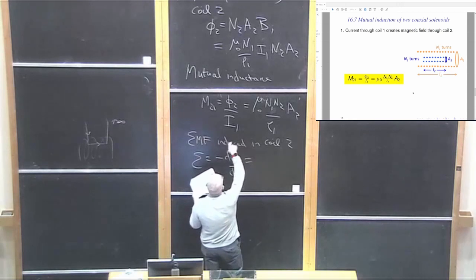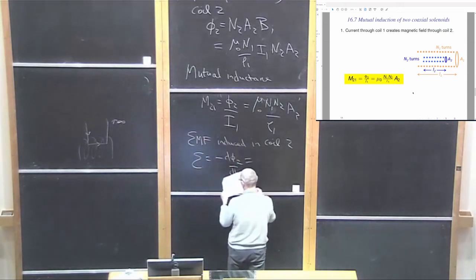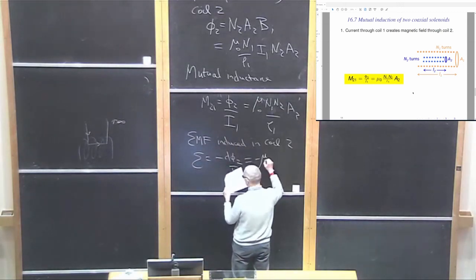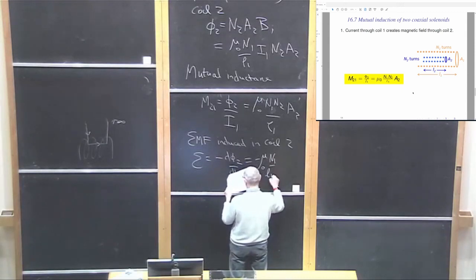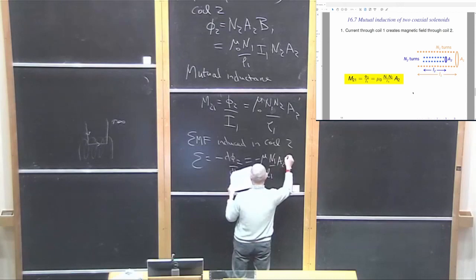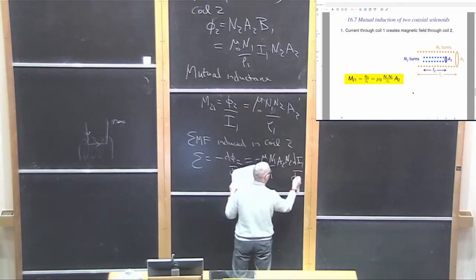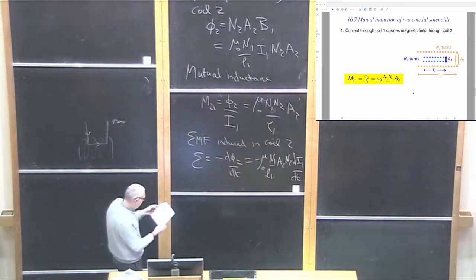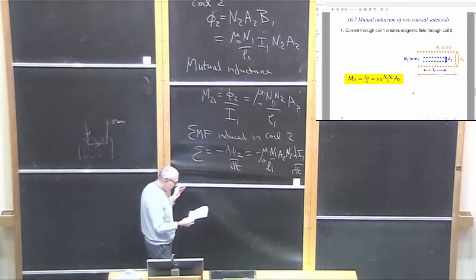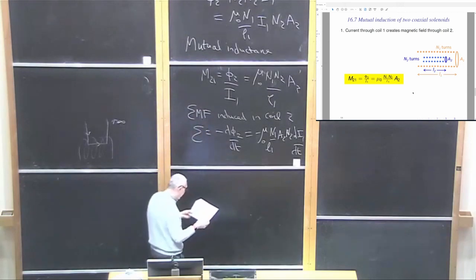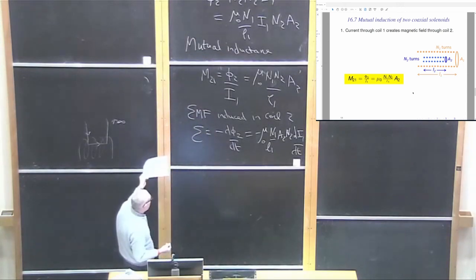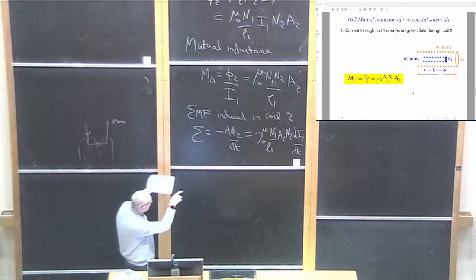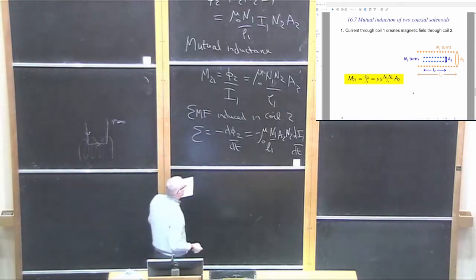So the phi 2 I derived somewhere up there. So minus, due to Lenz's law, N1 over L1, A2, N2, di1 by dt. Sorry if that's a bit crammed up. Right, so that's the EMF that you induce due to a changing current in coil 1.